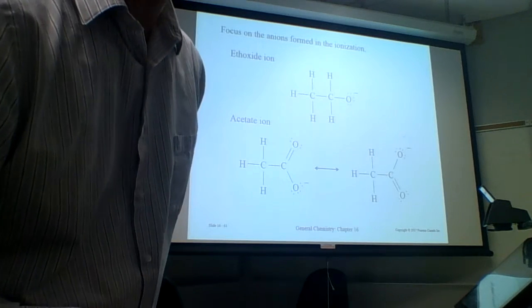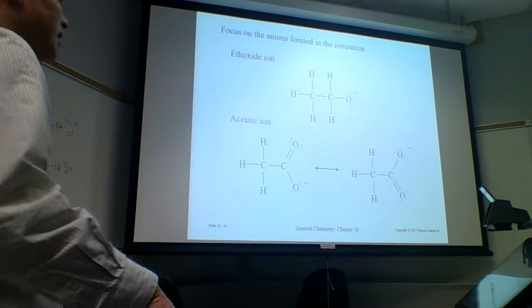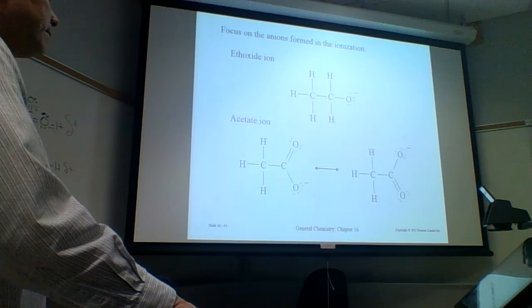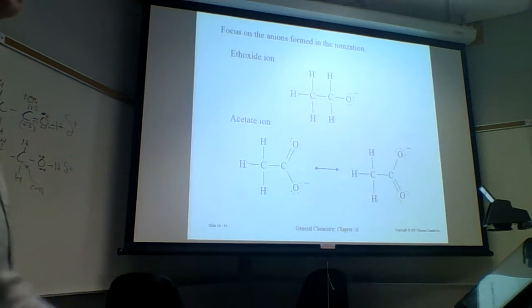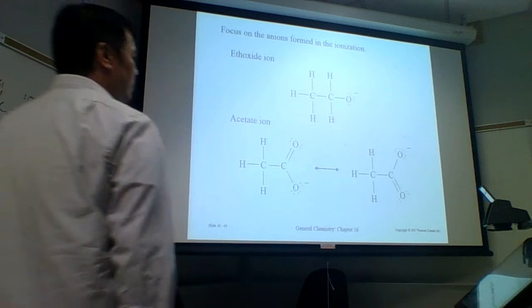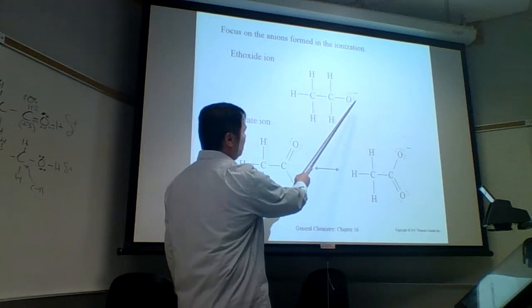Localized charge, right. Localized versus delocalized. So, the more localized the charge, the more stable. Is that correct? Or the more delocalized the charge, the more stable? Yeah. The more delocalized the charge, the more stable. And so here we see the negative charge.